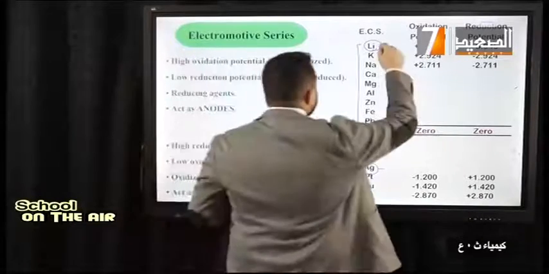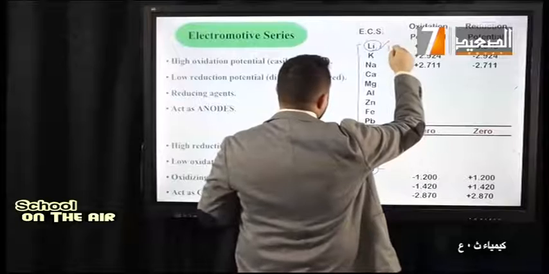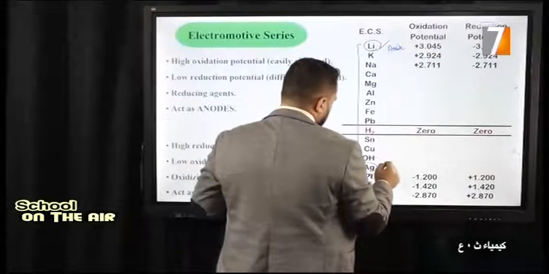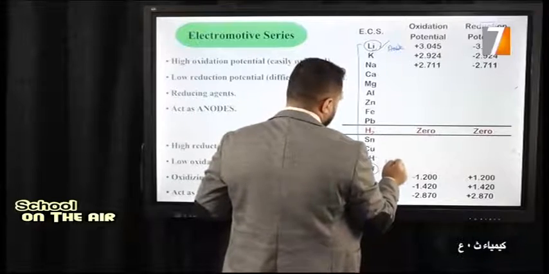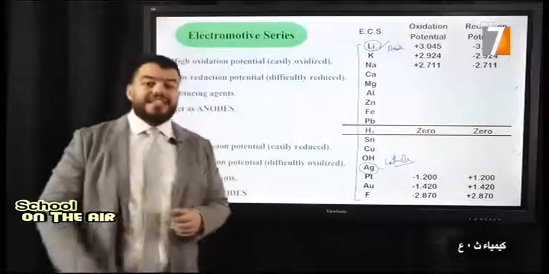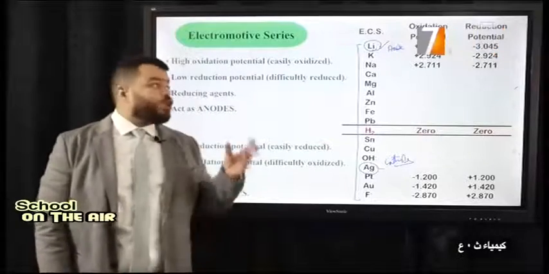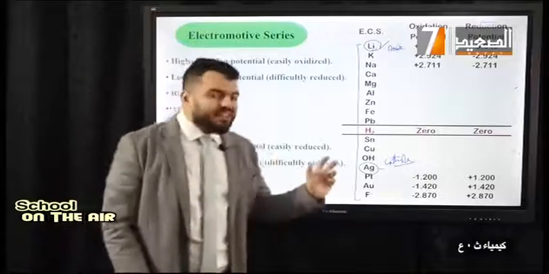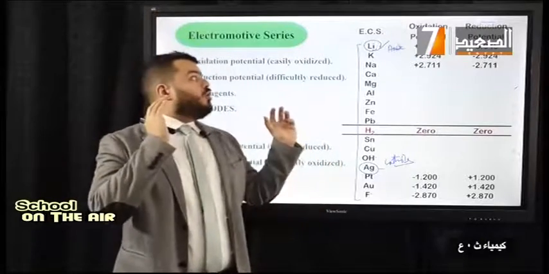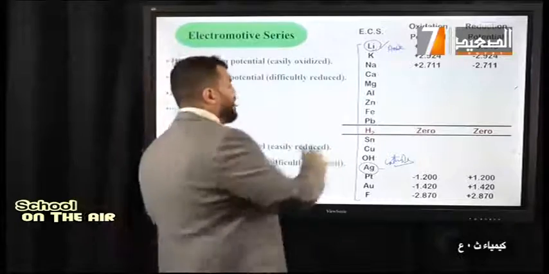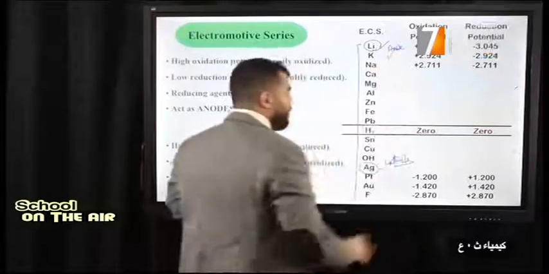So lithium will be oxidized and act as anode, and the silver will be reduced and act as cathode, because we studied in the last session that the electrode which is oxidized has to be the anode at all times.